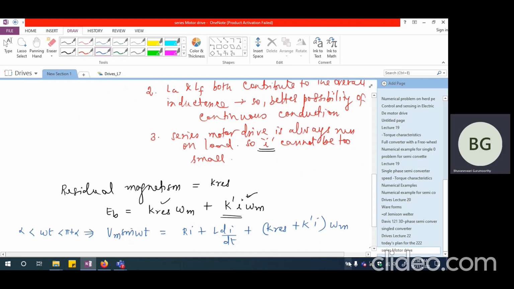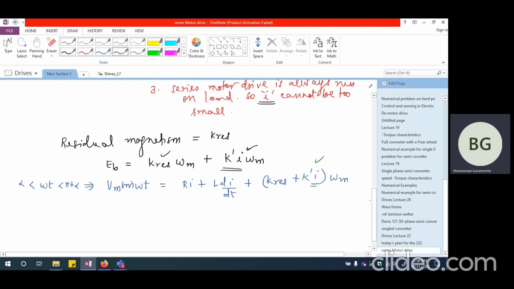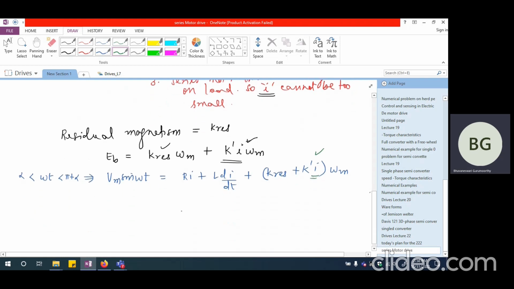So this is going to be the equation from which we can again write the solution, but it's going to be really difficult to find a closed form solution for the current because of this dependency of the back EMF on the current itself. So generally, how is the series motor speed torque characteristic obtained?